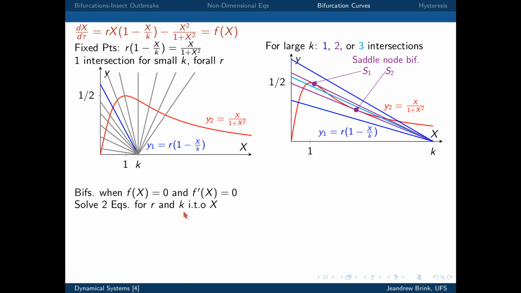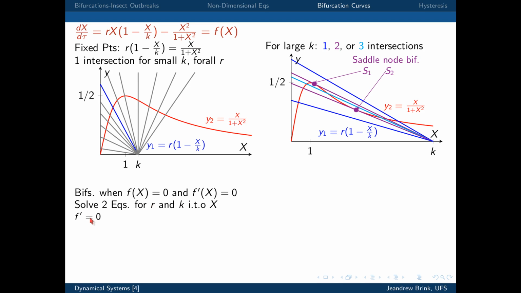So let's simply write down these two equations. Okay, and we might not be able to find them exactly in closed form, but we will be able to find them as a function of x. So remember now, f of x is a function of r, x, and k. Okay, we have two equations over here, and we can actually solve that for r and k in terms of x.